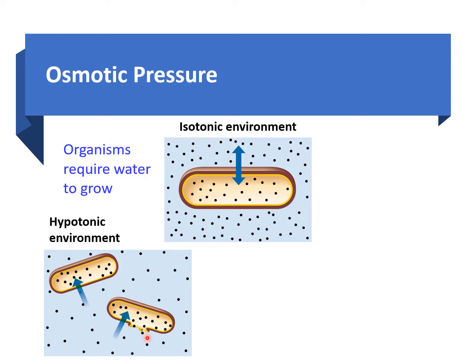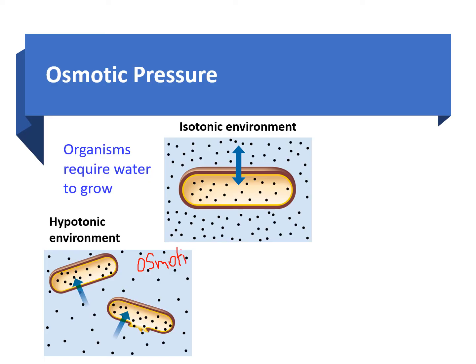High osmotic pressure, all of that water is rushing into the cell, and so the cell pops, okay? And we refer to that as osmotic lysis. So osmotic lysis is basically when a lot of water enters into the bacteria.